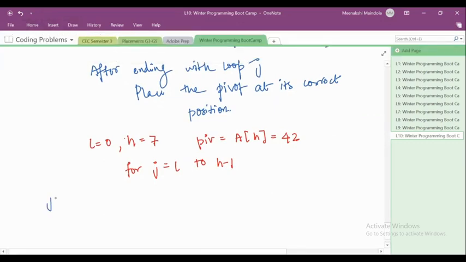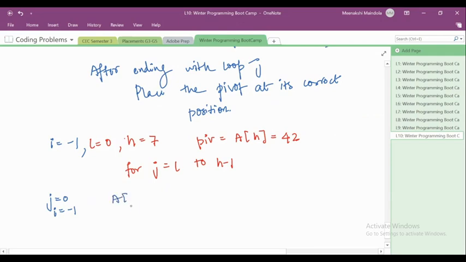So we start off with j is equal to 0, and we have the value of I as minus 1, as we have initialized it. Let us write that here as well: I is equal to minus 1, and now we begin. Every time we are going to compare A of j with the pivot element.